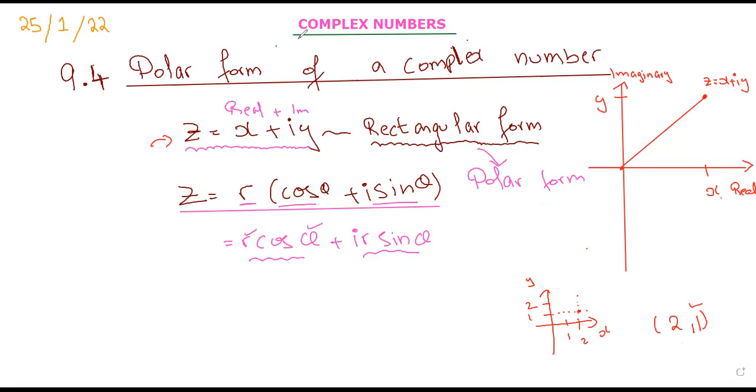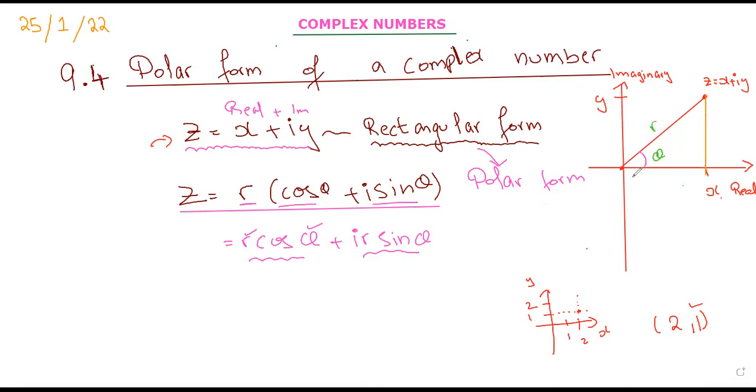We'll see how we will create the polar form using the same diagram. I can make a yellow line over here, and this is my theta, and this distance right here is my r.